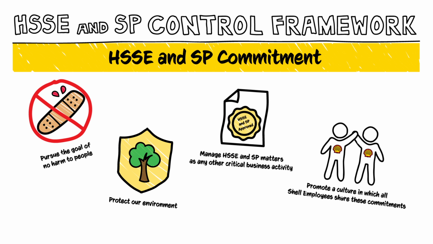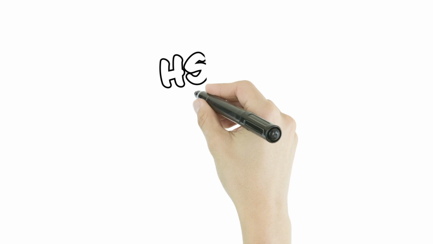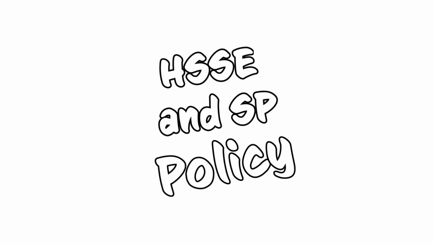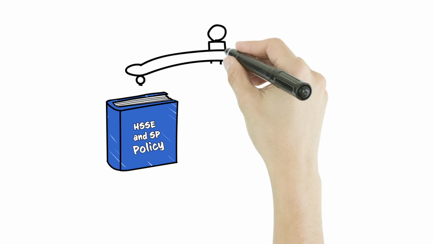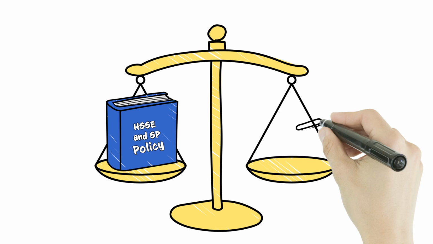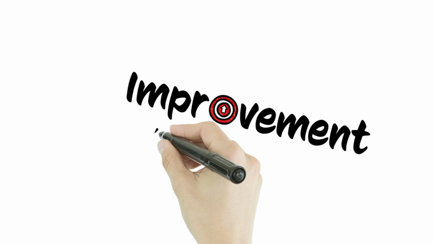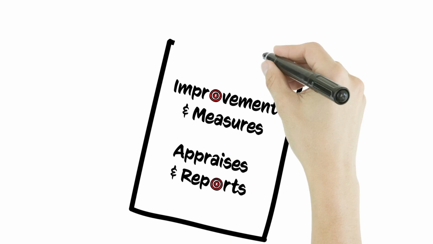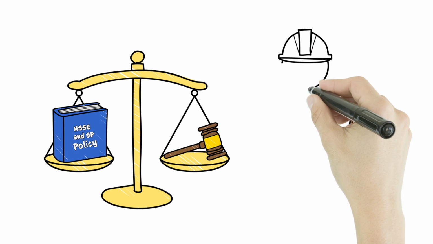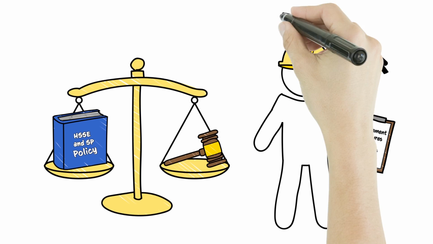Got it? Good. The HSSE and SP policy includes a systematic approach to HSSE and SP management designed to ensure compliance with the law. The policy does this by setting targets for improvement and measures, appraises and reports performance, and requires contractors to manage HSSE and SP in line with this policy.